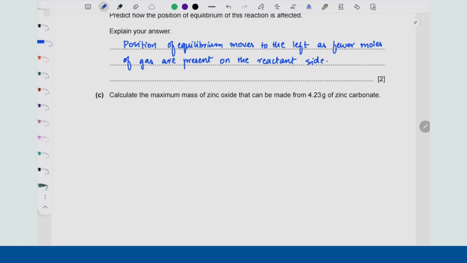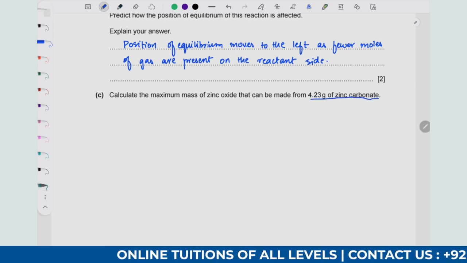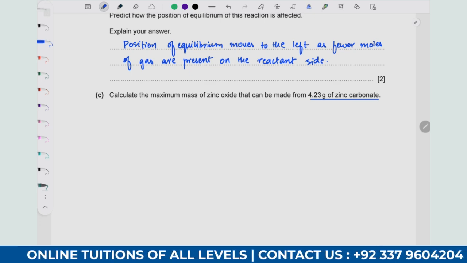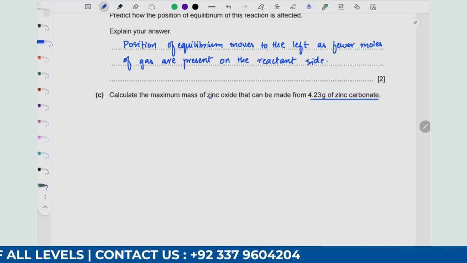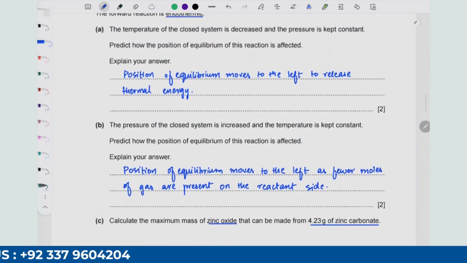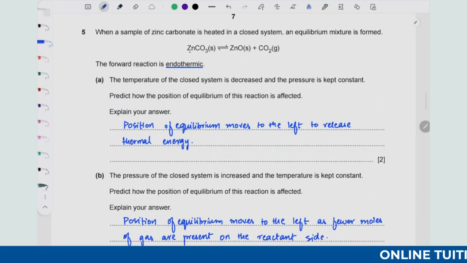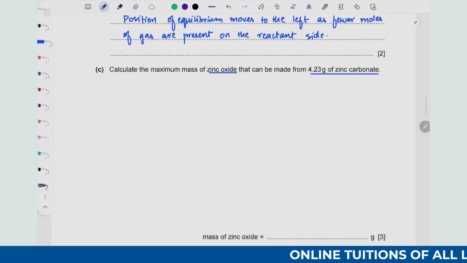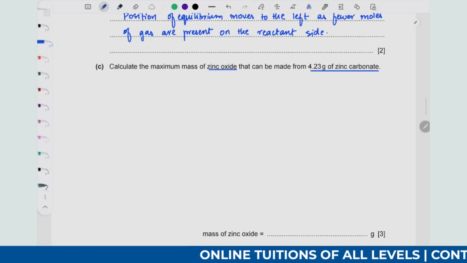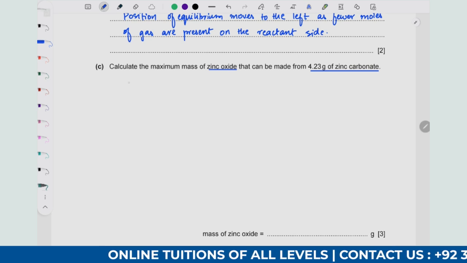Moving to our next part, part C is saying calculate the maximum mass of zinc oxide that can be made from 4.23 gram of zinc carbonate. So first of all, let's calculate the MR of our zinc carbonate. As the mass is given, we will take out the number of moles.